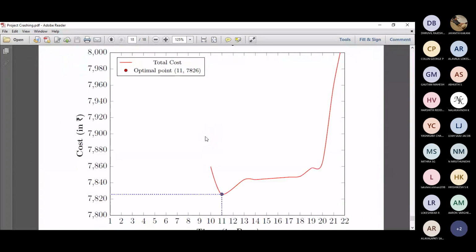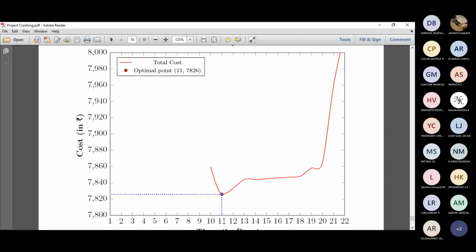So if you have taken a course in calculus, then you probably know, even though there are minimum values here, this is the global minima or the overall minimum value, right? So we started with 22, we reached 21, then we reduced it further, and finally 11 is the lowest value in this graph. So that's a global minimum, and the duration, the time, right?